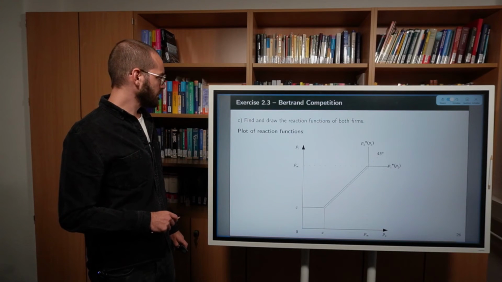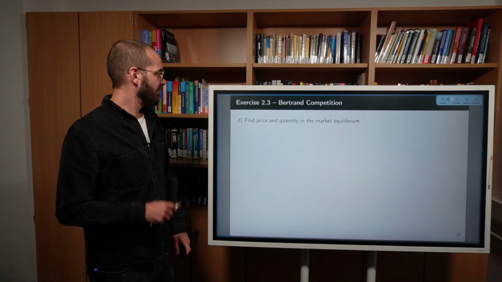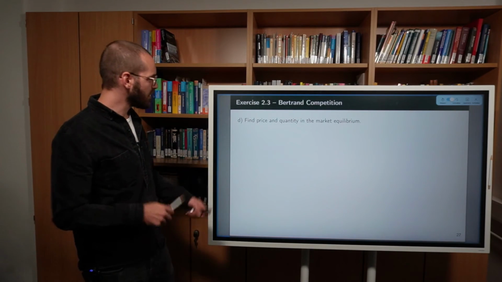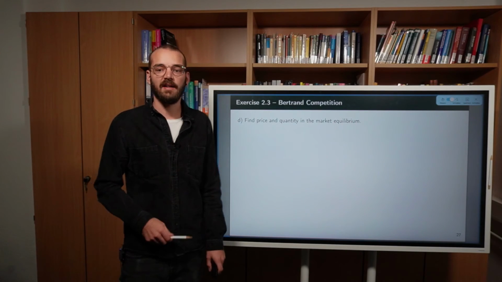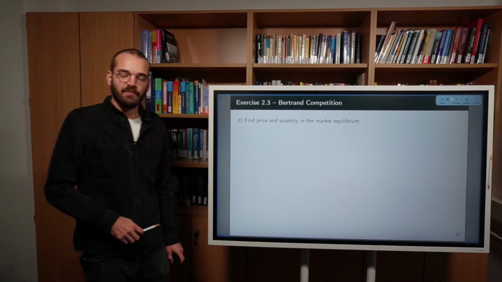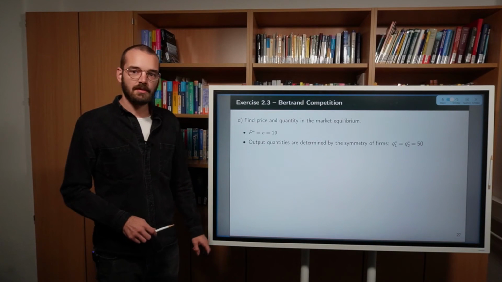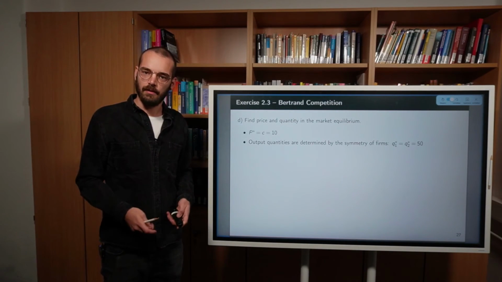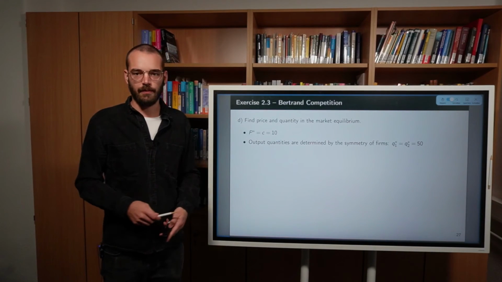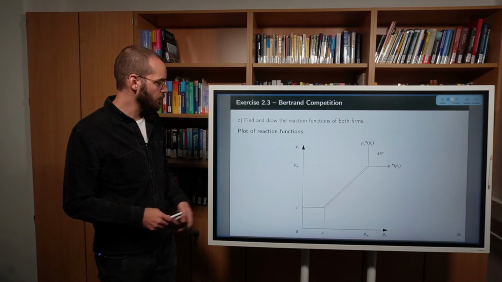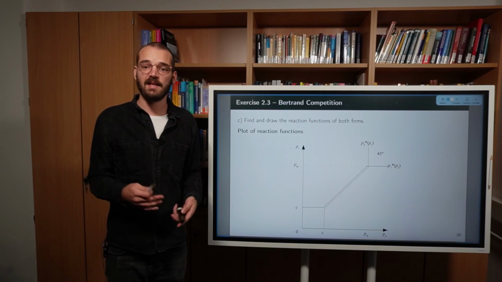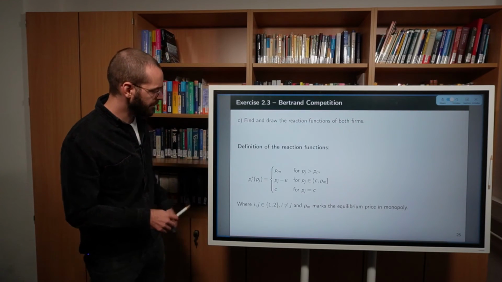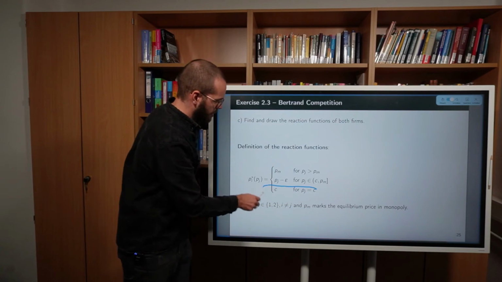All right. Now, finally, we are asked to actually find price and quantity in market equilibrium. This really does not take a lot of effort, because we know that the only Nash equilibrium, the only situation in which both firms are playing the best answer to the best answer, is this lowest one.